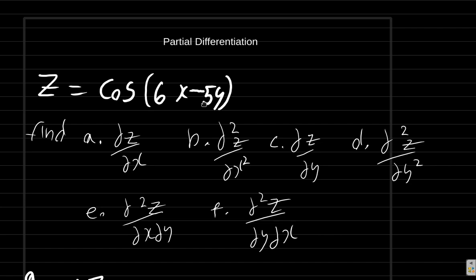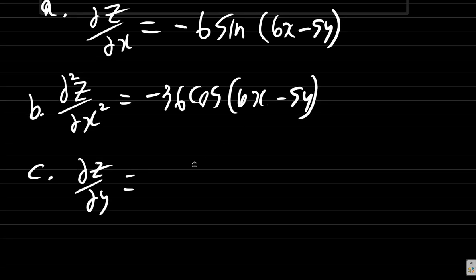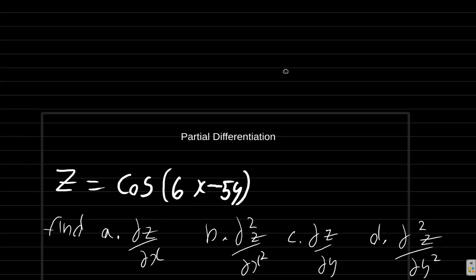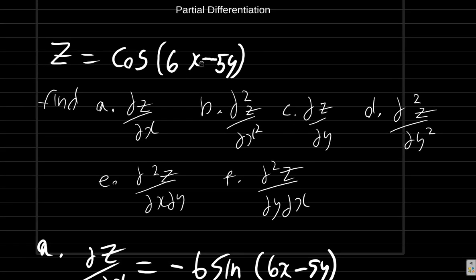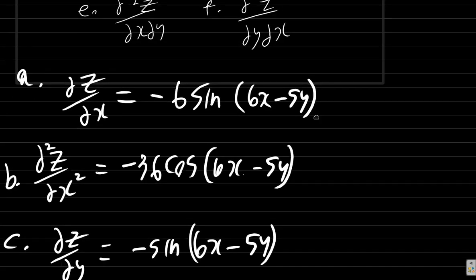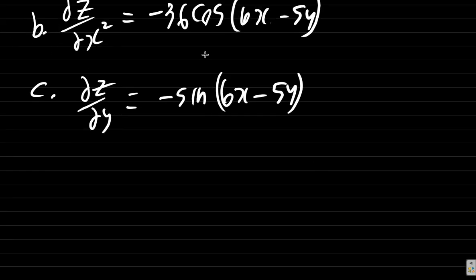When you differentiate cos of something, you get negative sine of it. So it's negative sine of 6x minus 5y. That's differentiating the outside function, times the inside function, which is 6x minus 5y. When you differentiate that with respect to y, you get negative 5. So you multiply by that.